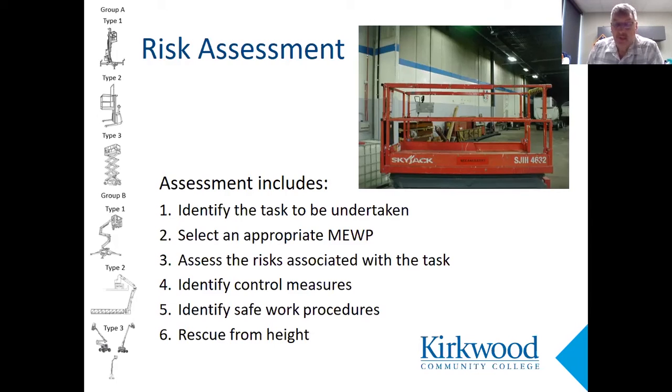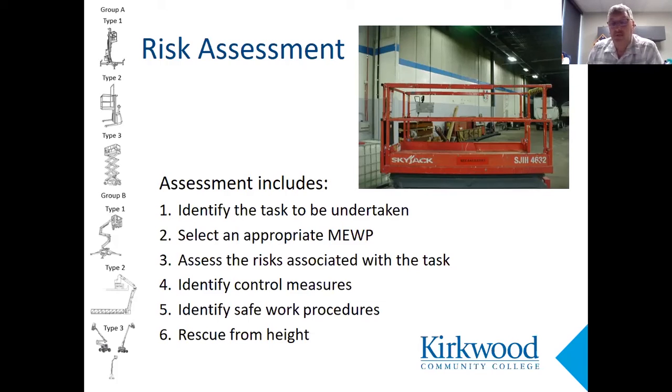Good ground access, conditions and site access. We got solid ground. Consider if it's going to rain, how much of that dirt's going to turn into muck. Assess the risk associated with the task. What's the location here? What's the material and equipment we're going to be using on the lift? How's that affect our capacity? Identify lift control measures.